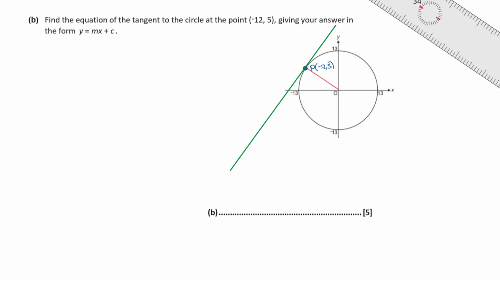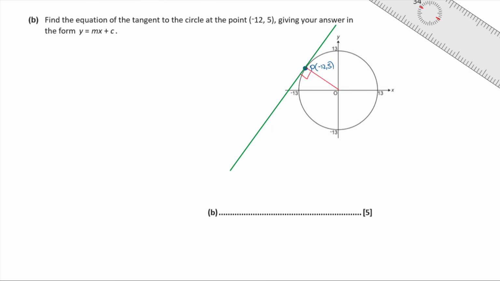Okay, so I've drawn on the tangent that passes through the circle at P, which is at minus 12, 5. And I've also added on the radius that goes from the origin to the point P. Now, if you know anything about circle theorems, you should know that a tangent and a radius drawn at the point of contact are always at right angles to each other.